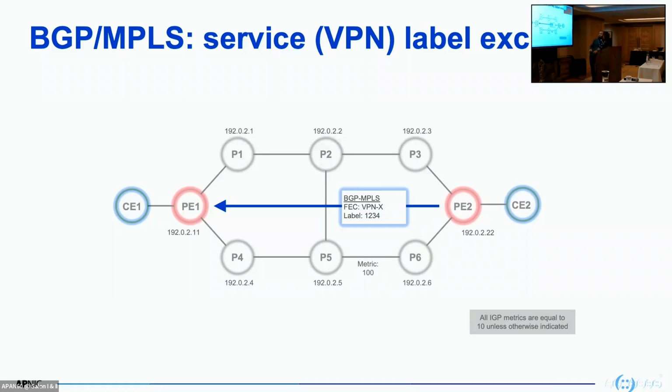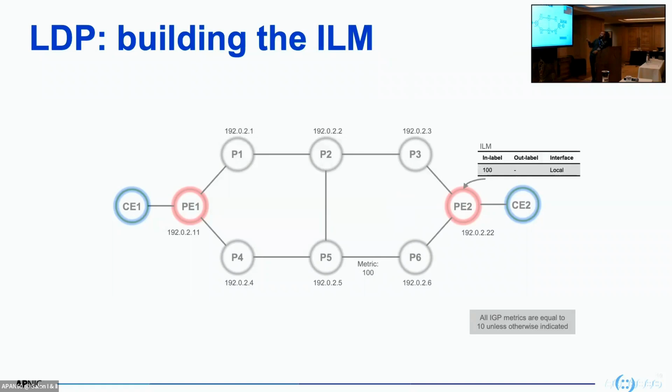or VPN. Okay. So what will happen is it is signaling that my in level is 100, no out level, because after that there is no MPLS. So I don't have any outbound level. I didn't receive it from anybody. I'm just originating it. So it's sending it to its neighbor saying, hey, if you want to come to PE2, use level 100.